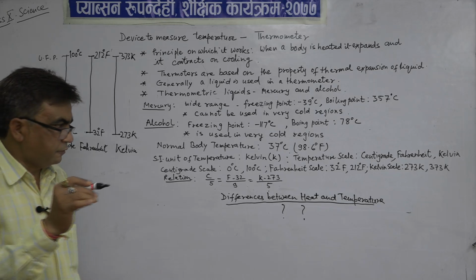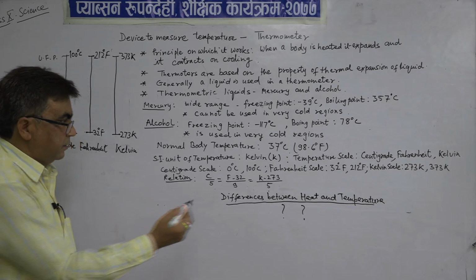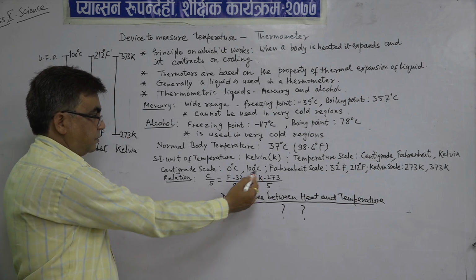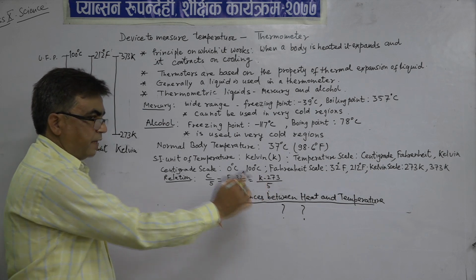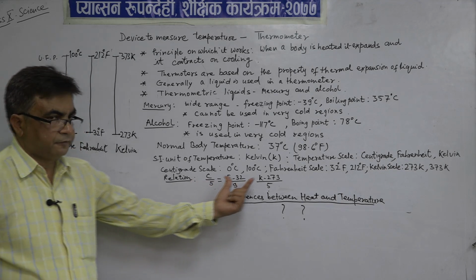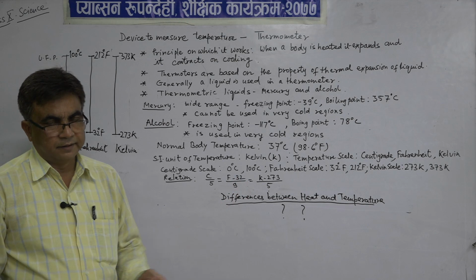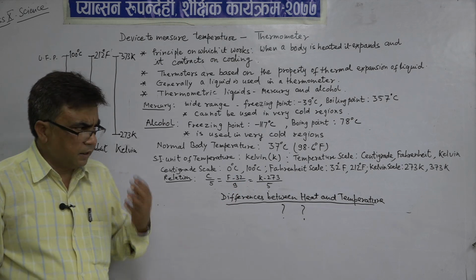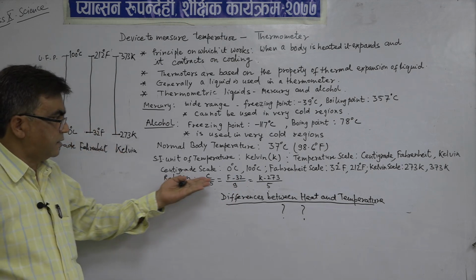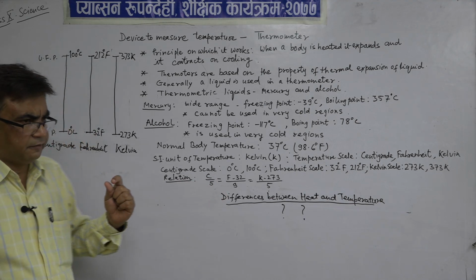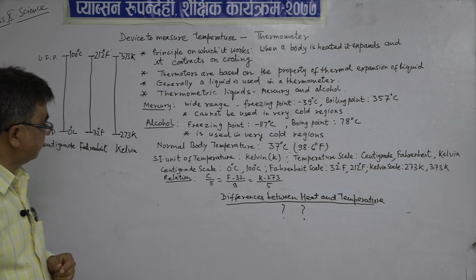If you have to convert Fahrenheit into Kelvin, then you will take F minus 32 upon 9 equals K minus 273 upon 5. So, this is the relation for these 3 scales, centigrade, Fahrenheit and Kelvin. Now sometimes the question arises how this relation has come. So I will show you in a very simple way, try to understand.